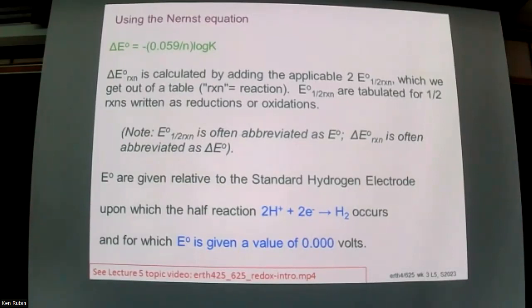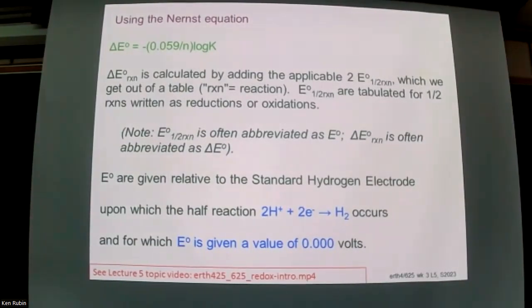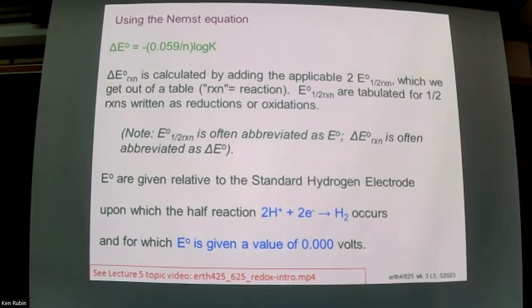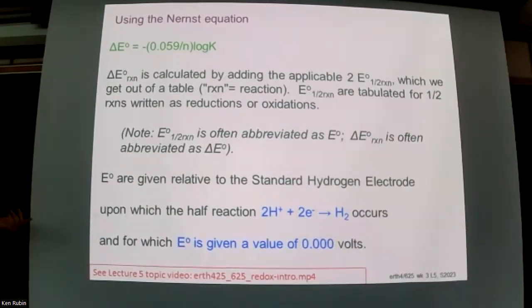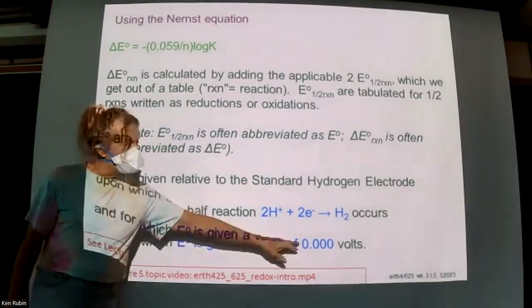This is something that's called the SHE, standard hydrogen electrode. It can be written in either direction, but when you look up other numbers in a table, they are written given relative to a value of this being 0.